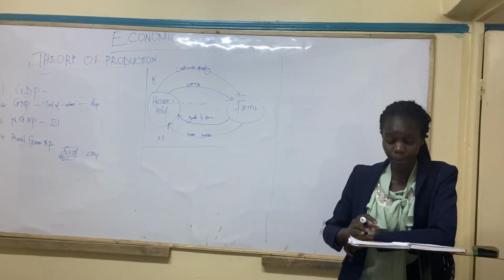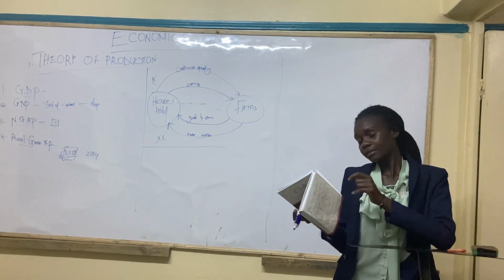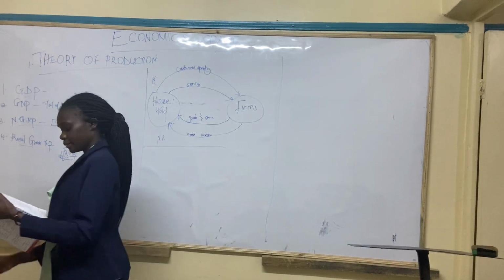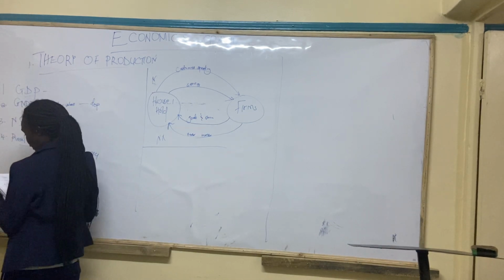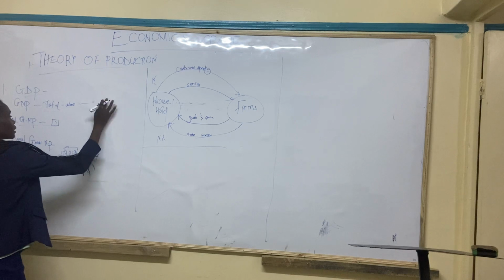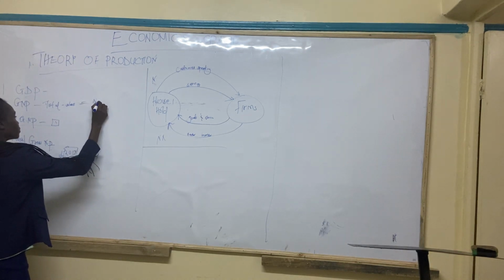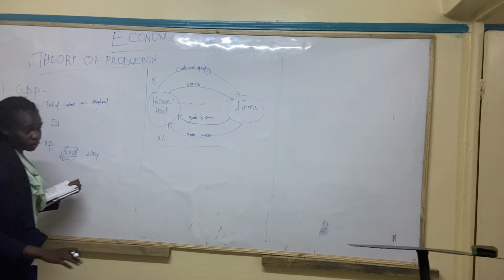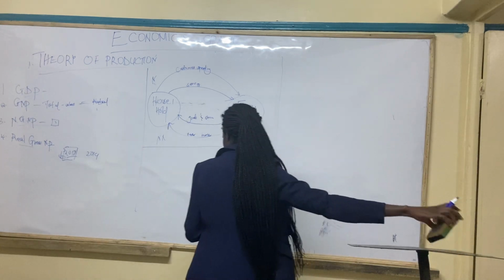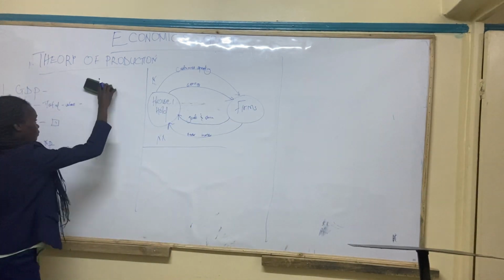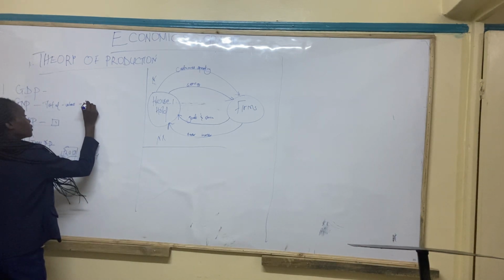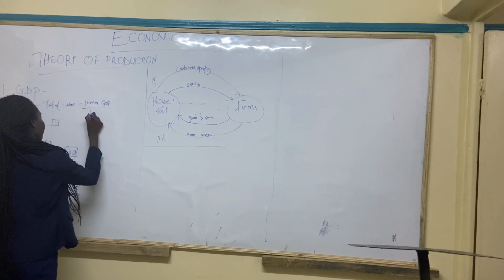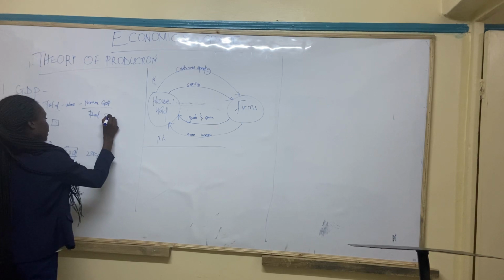Gross national product is calculated as nominal GNP divided by the real GNP.